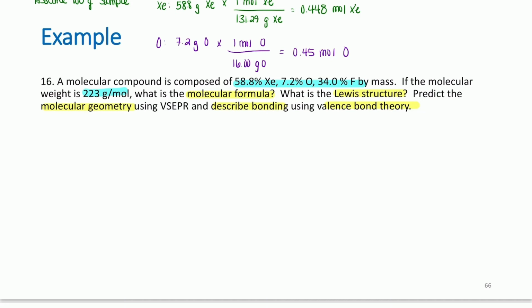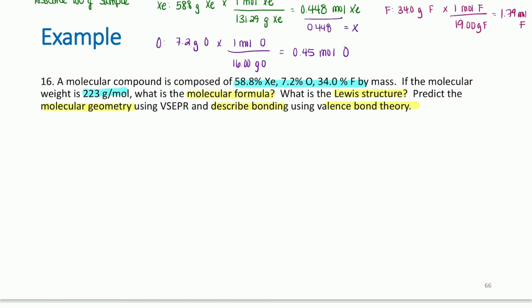And fluorine. I've got 34.0 grams of fluorine. Fluorine weighs about 19 grams. This gives me 1.79 moles of fluorine. Divide all your numbers by your smallest number, which is 0.448.